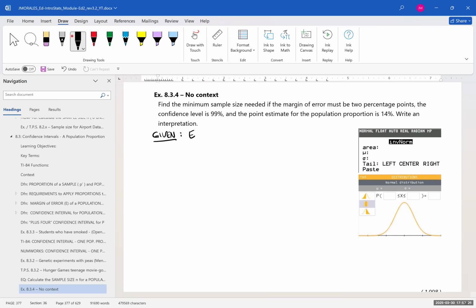The margin of error, we were told, must be 2 percentage points, and we're going to write that as a fractional value here. Confidence level is 0.99, which means the significance level is going to be 0.01, which means the area in each tail is going to be 0.005.